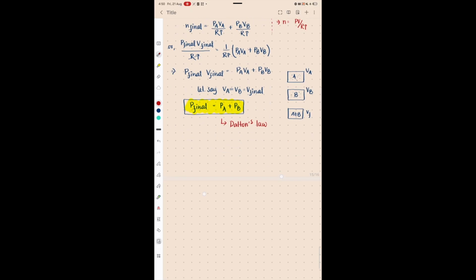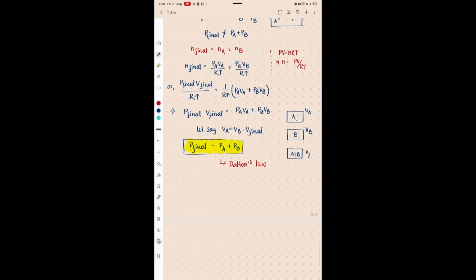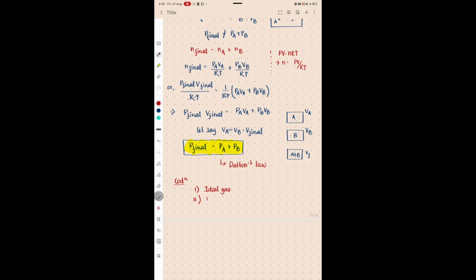Now we have derived this, but this derivation has some conditions to satisfy this equation. So what are the conditions? Condition first is that the gases we have mixed must be ideal gases. Then only this equation will be valid. Two is that they must be non-reactive, so the gases we have mixed should not react with each other.